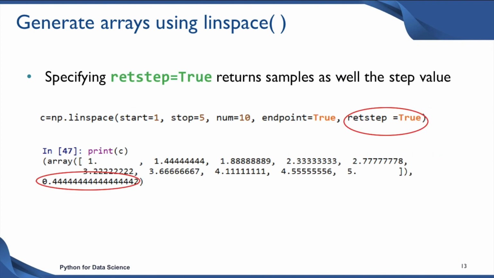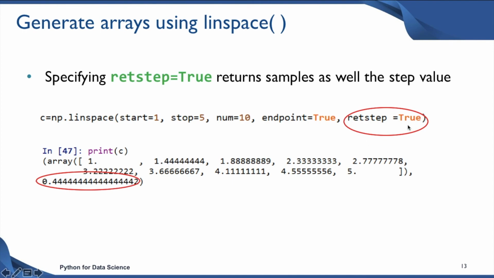Now we are specifying the retstep. So what does retstep=True give us? It will return the samples as well as the step value. For example, in the previous example I told you that it increases your next sample by 0.4.